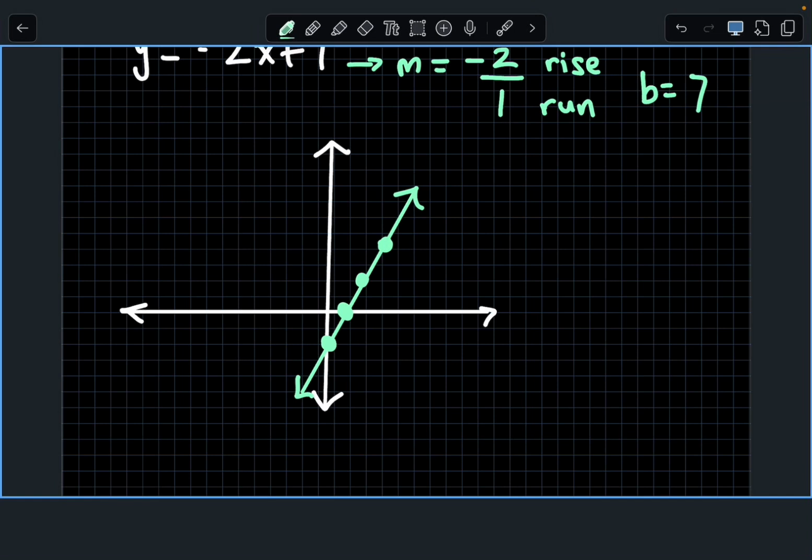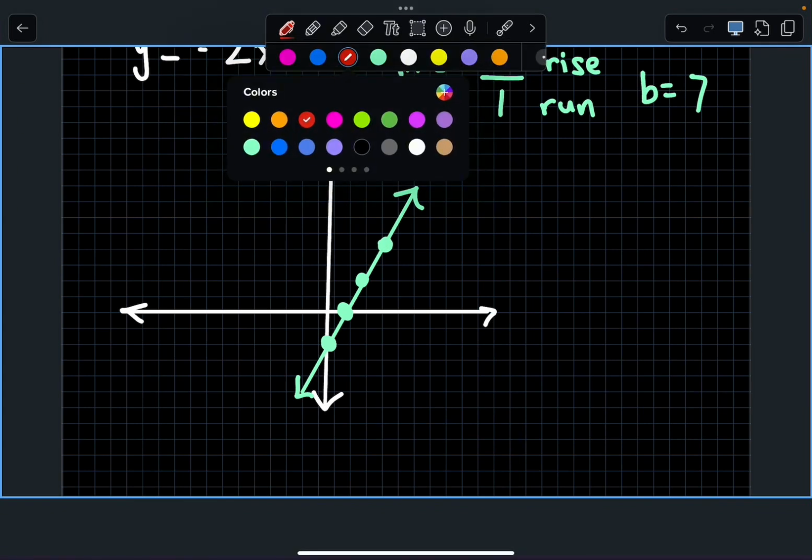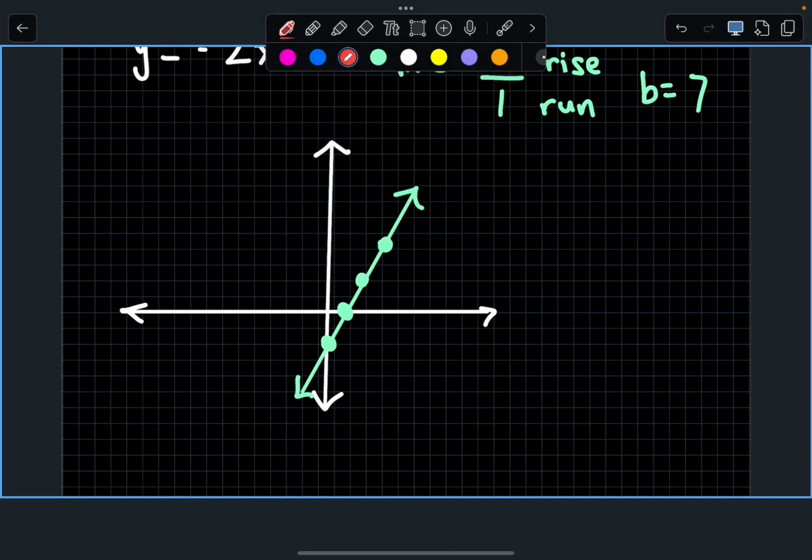But let's compare where they actually cross, and they should cross at the same point. I'm going to use red for the other part. Let's see, do we have a softer red here? Then we start at 7, which is up here, and we're going down 2 over 1.